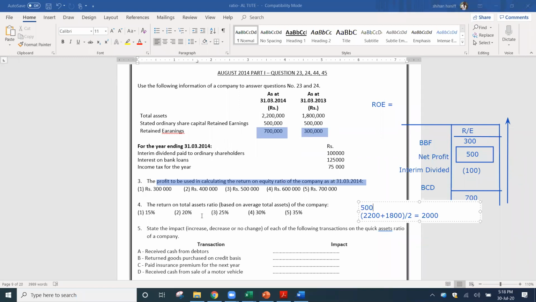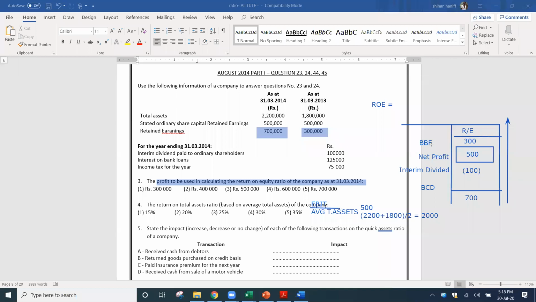They're asking us to calculate the return on total assets. So how do you calculate return on total assets? It is earnings before interest and tax, EBIT, divided by average total assets. So what is EBIT?